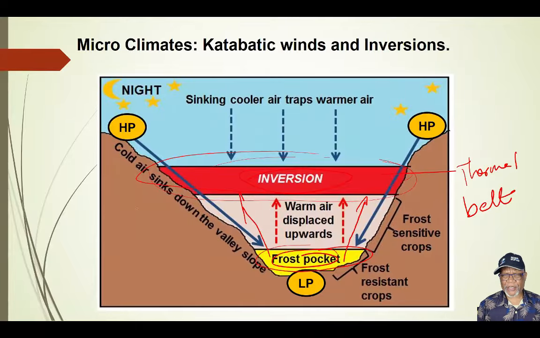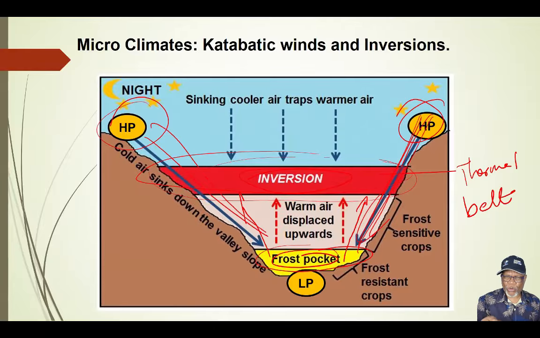This takes place during cold, calm winter nights, where you're going to experience cooling because of terrestrial radiation, with cold air accumulating up there and cold air subsiding, and more cold air subsiding.